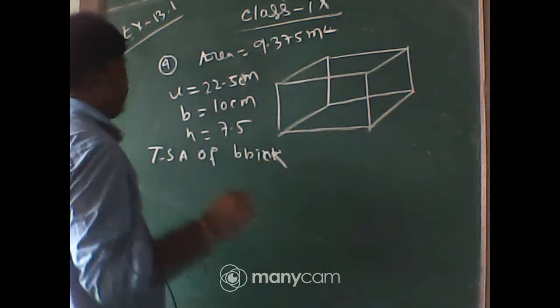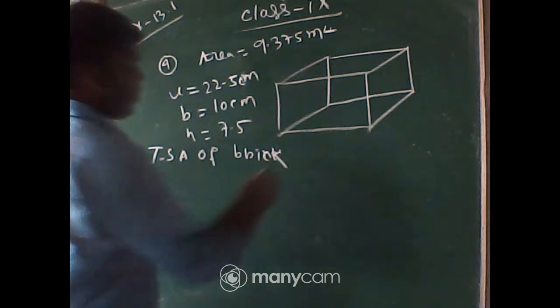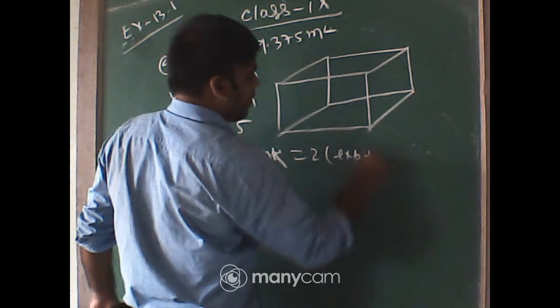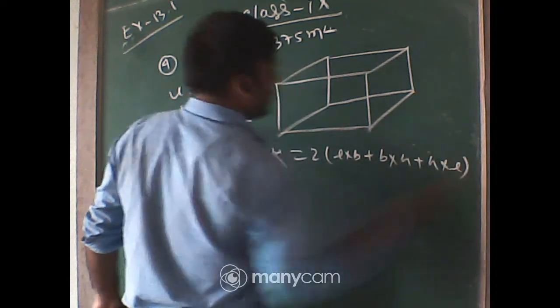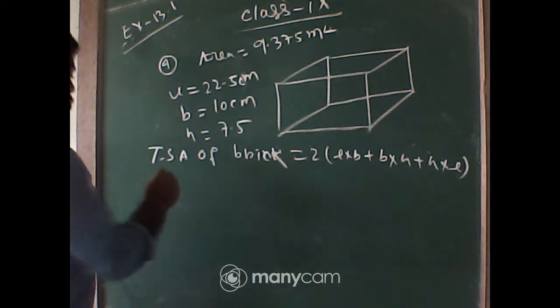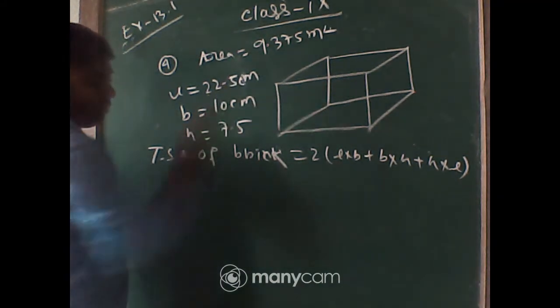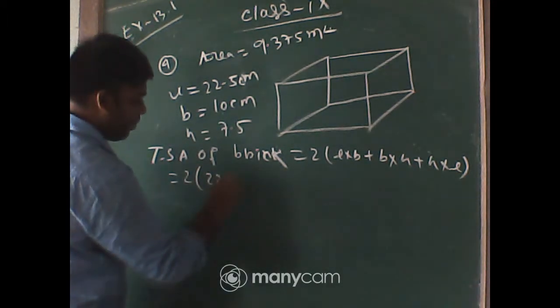The formula for the area of the brick is 2 into (L into B plus B into H plus H into L). Now L into B means 22.5 into 10, that is 225.